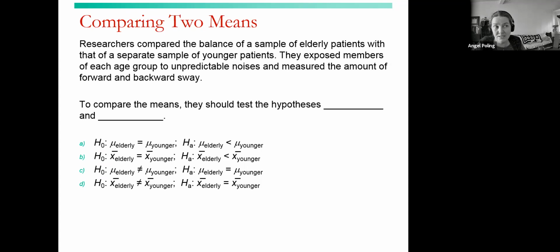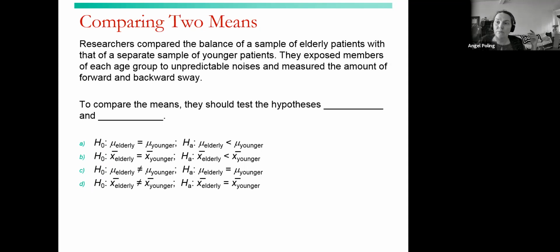X bar is interpreting mu. It's inferring mu. So without reading a single word of this question, the answer is A. It is the only one that has the null hypothesis written correctly, right? The rest of them are garbage, right? And so B is out, C is out, D is out.